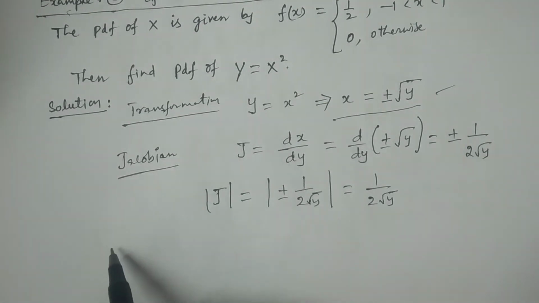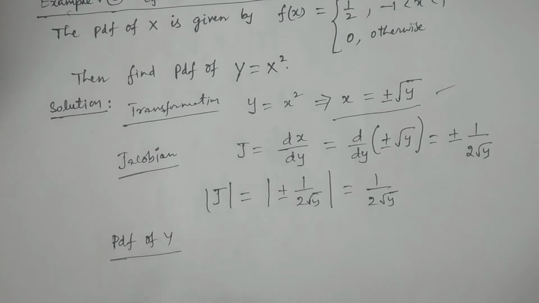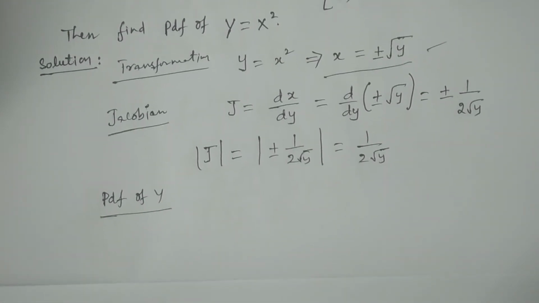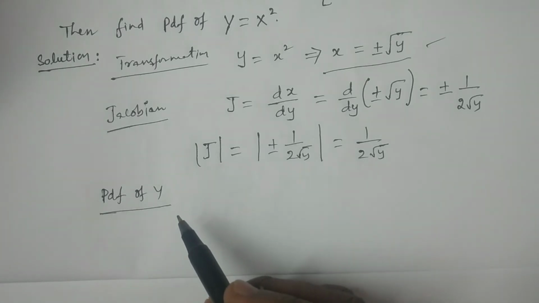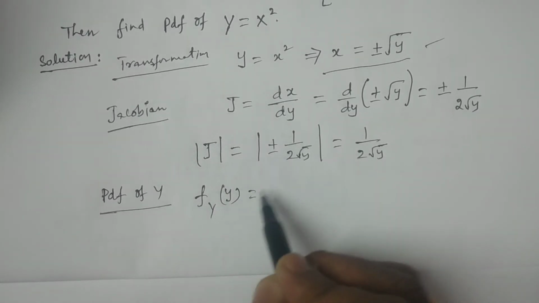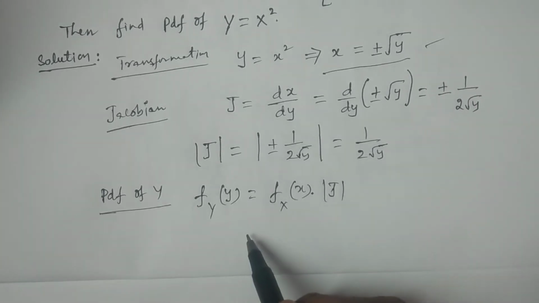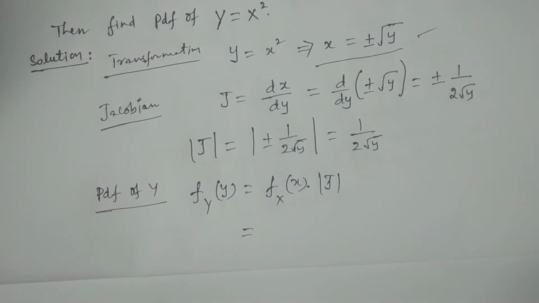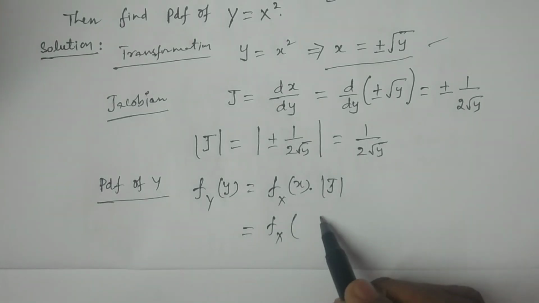Now the third point is the PDF of y, that is the required answer. The probability density function of the new random variable y, which is related with the known variable x by y = x square, has the formula f_Y(y) = f_X(x) multiplied by the modulus of the Jacobian, in which you replace the transformation of x.